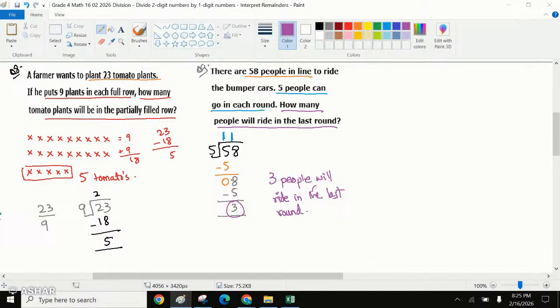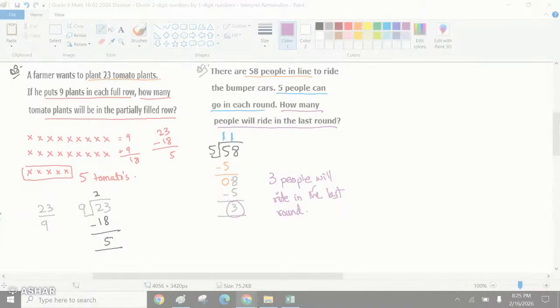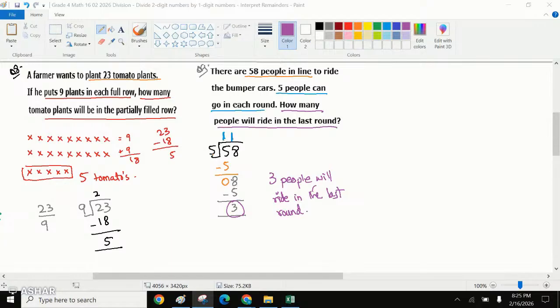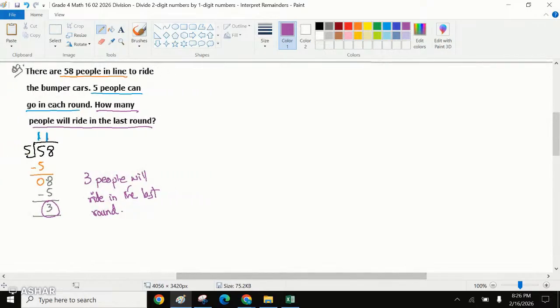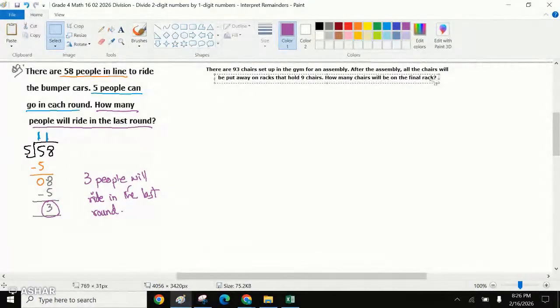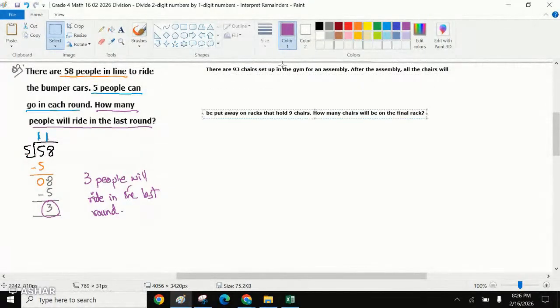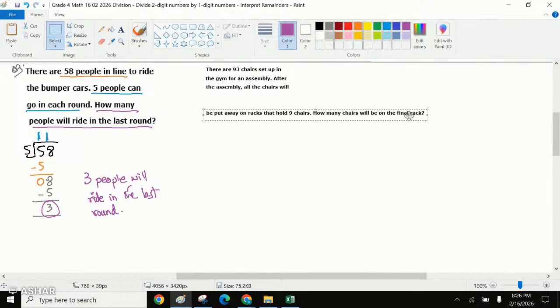Okay. Let's have a look at another example. If there are 93 chairs, they have to be arranged in the gym for an assembly. After the assembly, the chairs will be put away on racks that hold 9 chairs per rack.